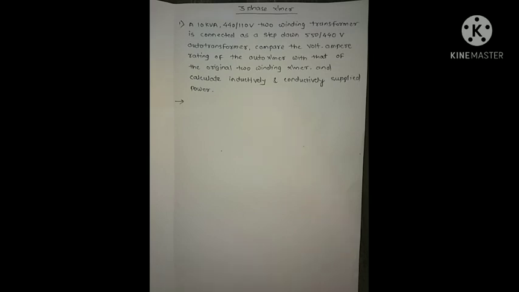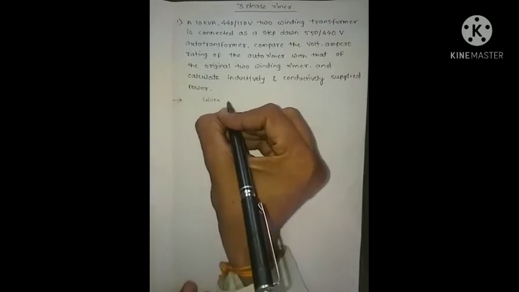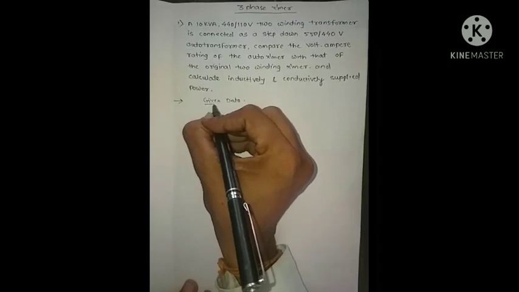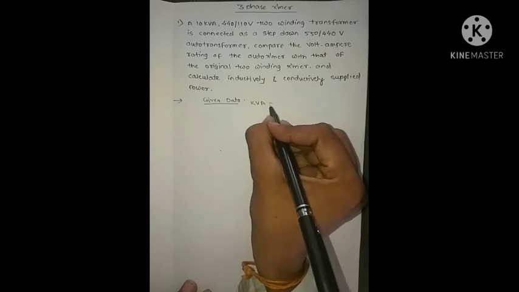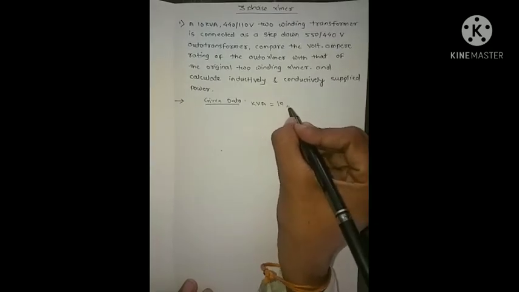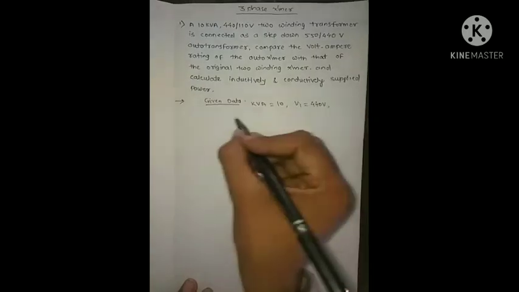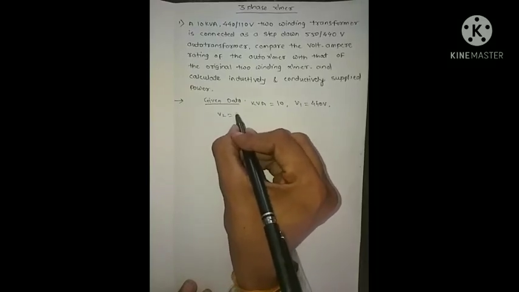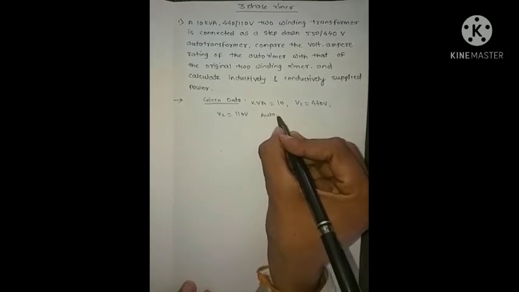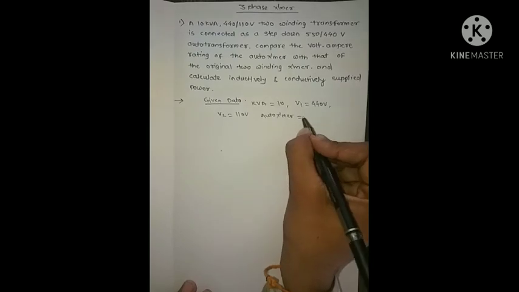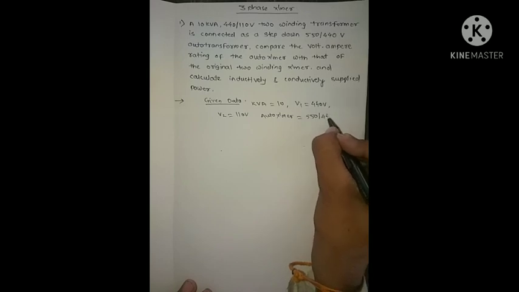So for that we have to write down the given data. The given data is kVA equals to 10, V1 equals to 440 volt, V2 equals to 110 volt, and the auto transformer is 550 upon 440 volt.